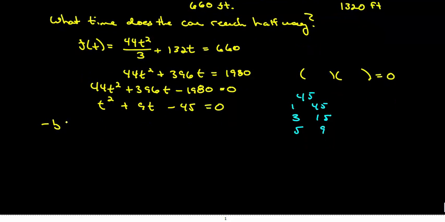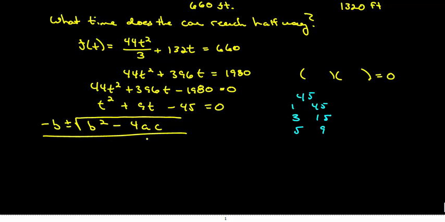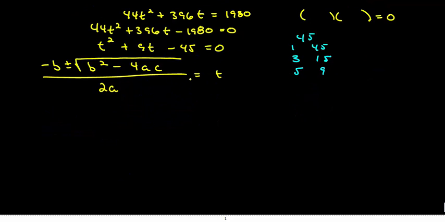So we'll say negative b plus or minus the square root of b squared minus 4ac all over 2a is equal to the t value that we want. Don't say x, because there's no x here. It's equal to t.